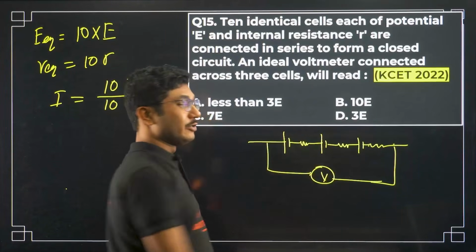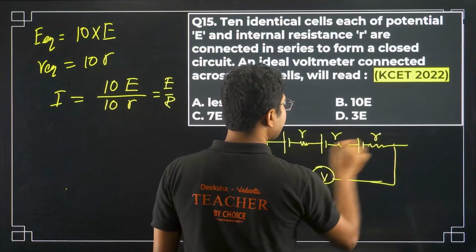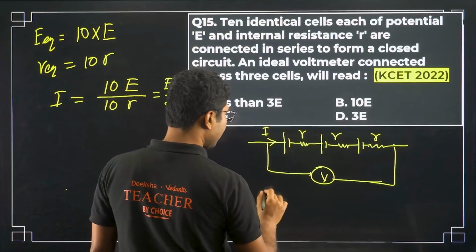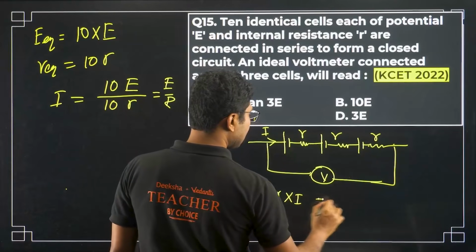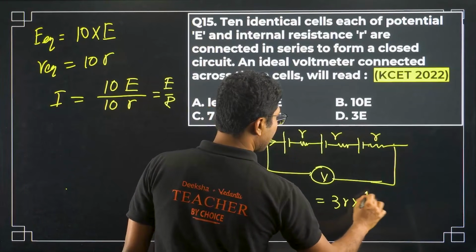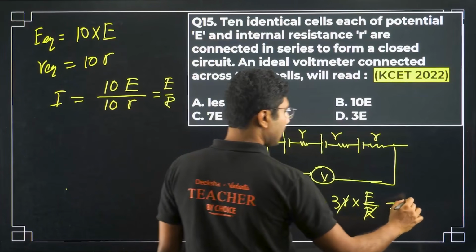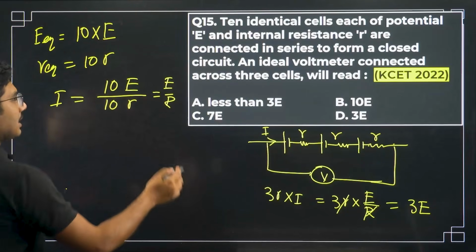Three R. Current is I, so 3R into the current, that is 3R into E by R. R and R cancel, you get 3E. So 3E is the correct answer.